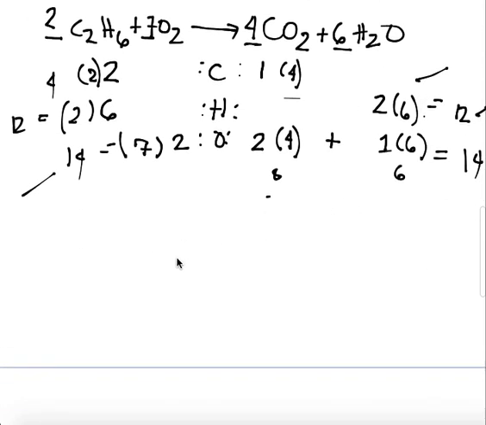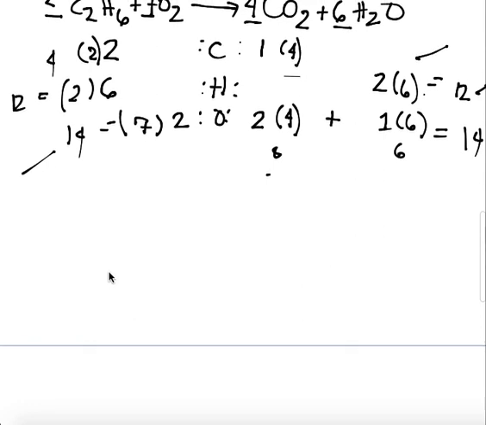So the unbalanced equation for that process is that Al or aluminum multiplied by oxygen will yield Al2O3.